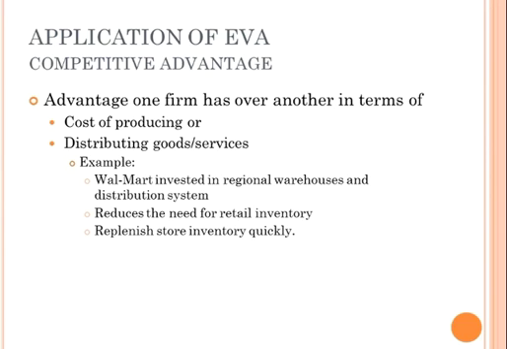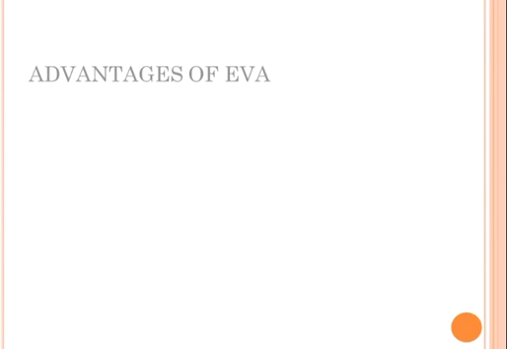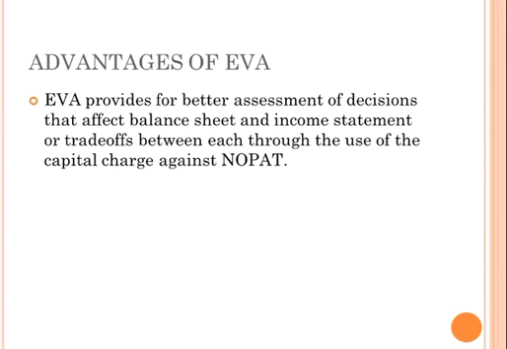If I know my operating expenses and I have my revenue, I can easily calculate my net operating profit after taxes. Not only this, we have better decision making power as well, because EVA provides better assessment of decisions that affect my balance sheet and my income statement, and it tries to trigger a trade-off between profit and cost. That's the ultimate objective.